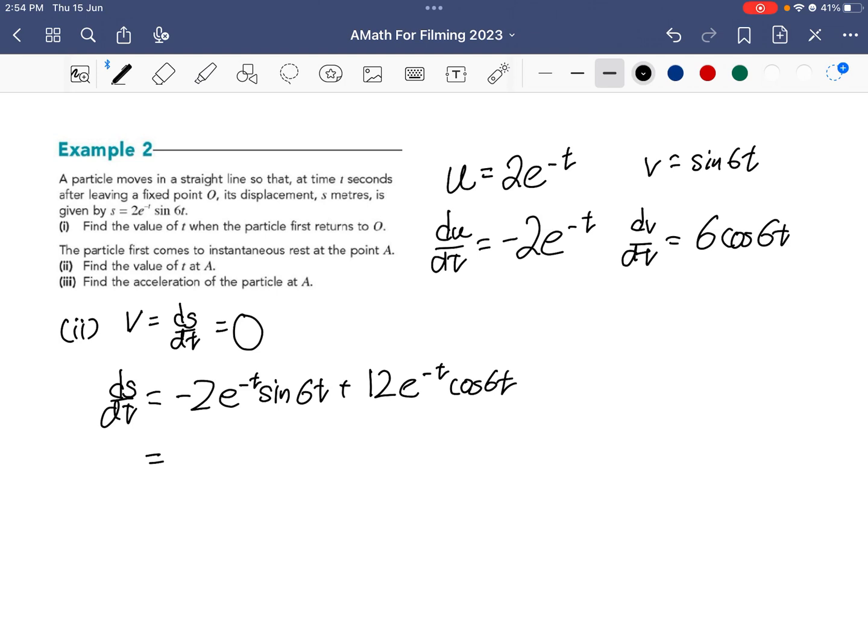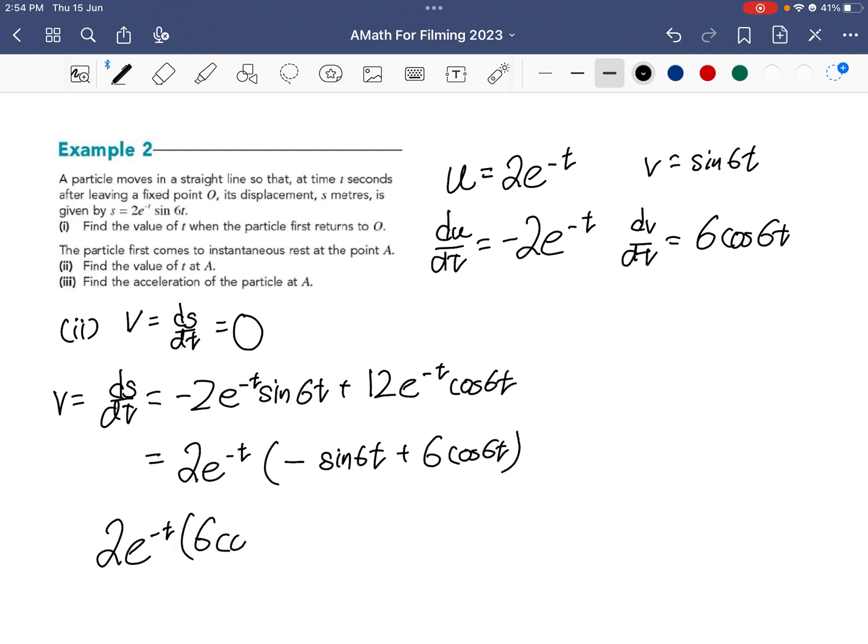So what happens is I will factorize. What I can factorize here is 2e^(-t), so I'm left with negative sine 6t plus 6 cosine of 6t. Then for instantaneous rest, the velocity is equal to 0.